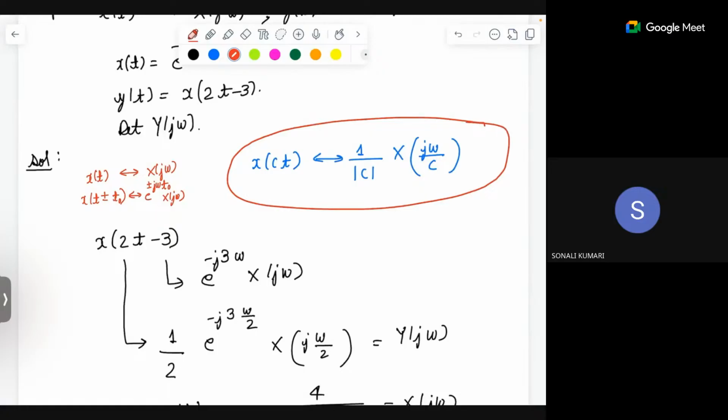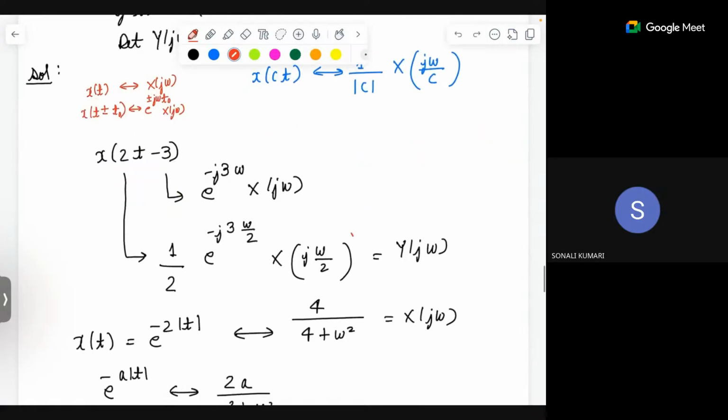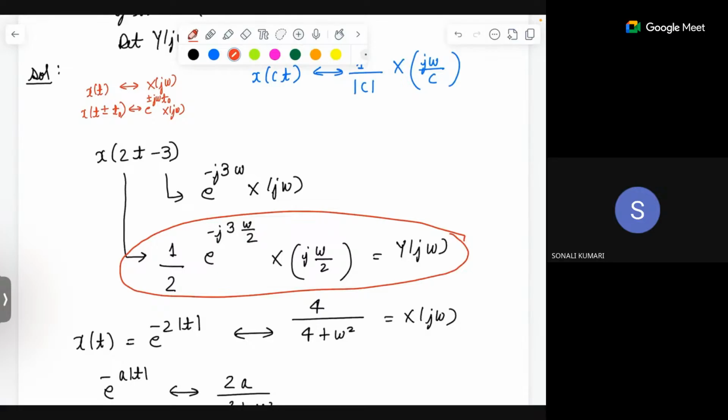Scaling by half. This is the time scaling property. If x is scaled as x of ct, then the Fourier transform is 1 upon mod c times X of j omega by c. So I use that property over here. c was 2 here, so 1 upon 2, and everywhere else omega will be replaced by omega by 2. And this is what I get as y of j omega in terms of x of j omega.